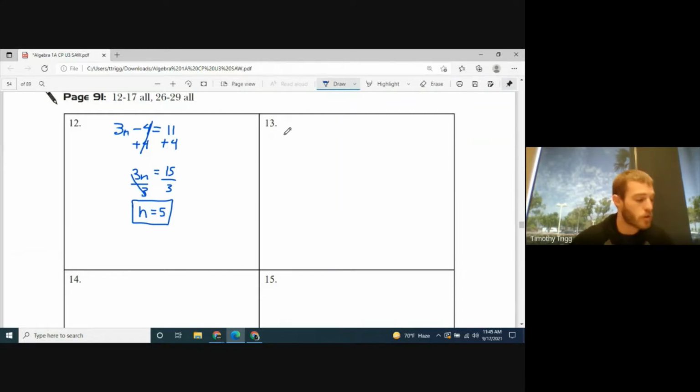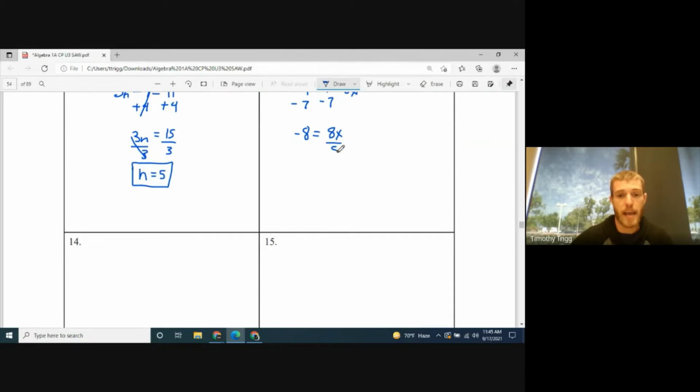Okay, 13. This one says -1 equals 7 plus 8x. So here we're trying to get x by itself. So what we're going to do is go ahead and subtract 7 from both sides of the equation. Here we'll have -8 on the left equals, and then on the right, 8x.